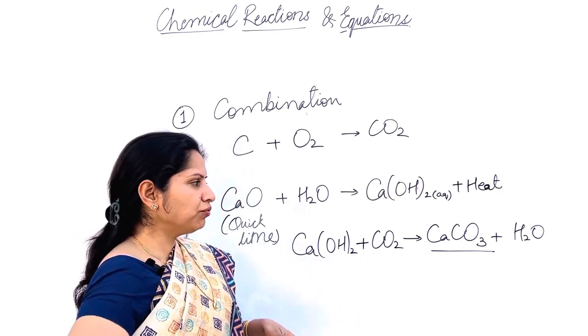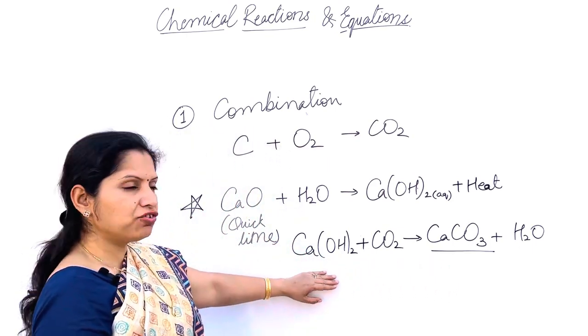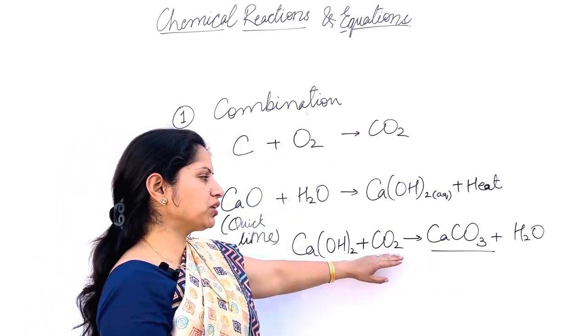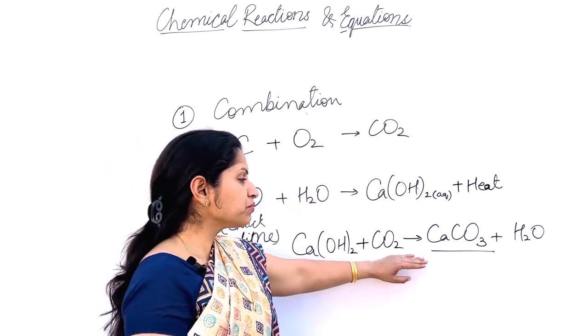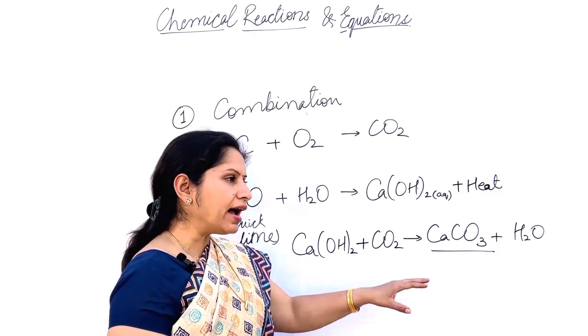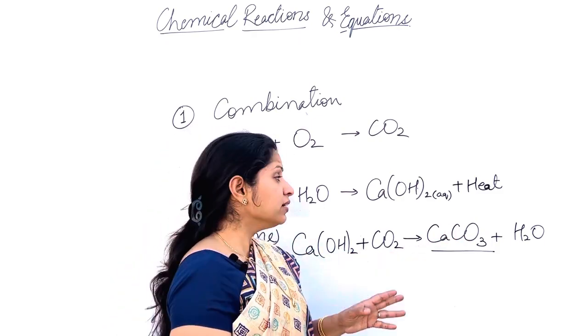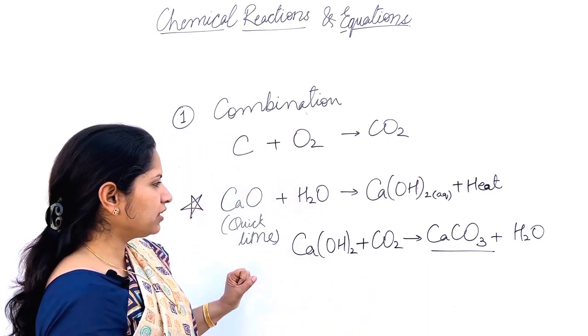So why is it after 2 to 3 days of whitewashing? Because calcium hydroxide is used for whitewashing. It combines with carbon dioxide present in the atmosphere and it forms calcium carbonate, which is having a shiny appearance, and that only gives a shiny appearance to the walls. Okay, next, one more thing is there.